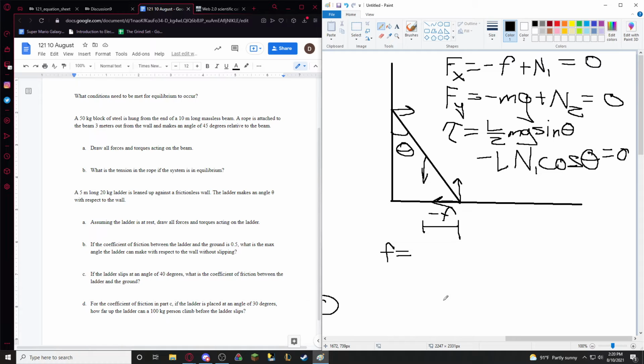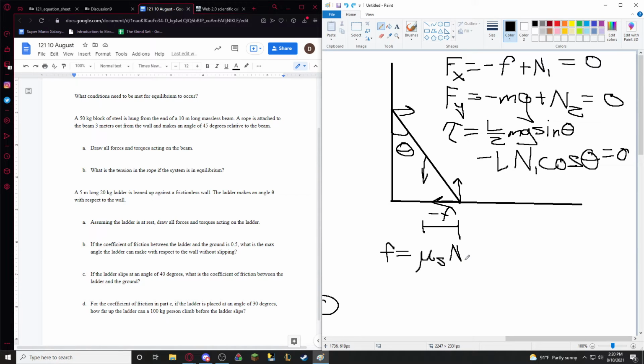I think you have to relate it to the normal force on the ground, correct? Yeah, exactly. We have to relate it to the normal force acting on the ground here. How do we do that? Isn't it just mu s times the normal force? Yeah. And that would be N2.